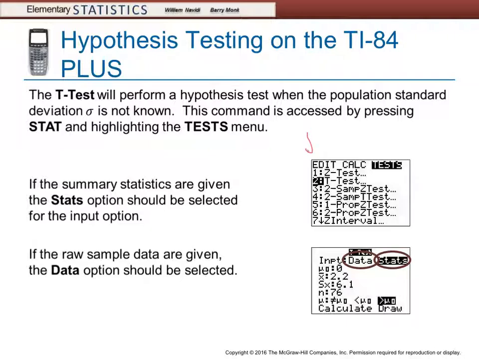When we do that, we get this screen, and you can notice that option 2 is our t-test. If we have summary statistics like in the previous example, we will select the stats option. Otherwise, if we are given data, we will select the data option.